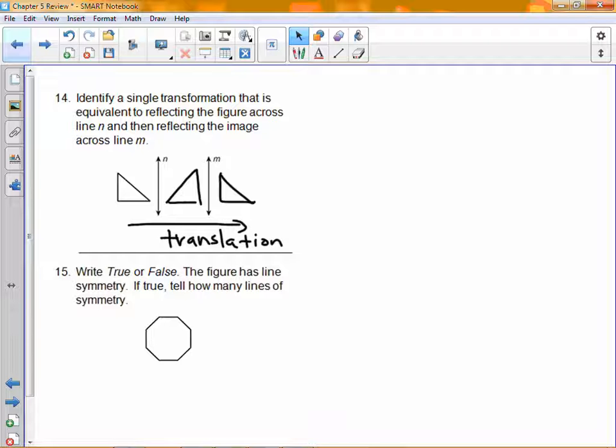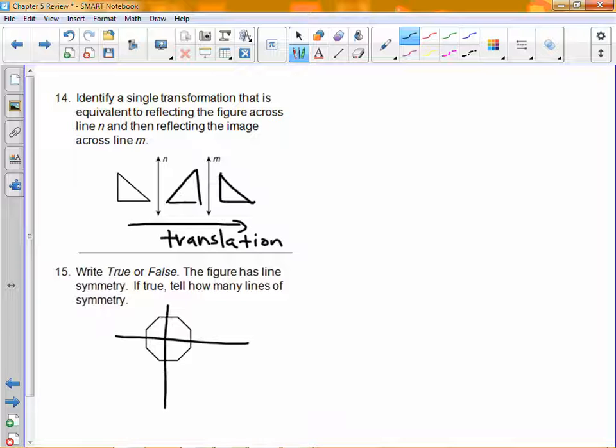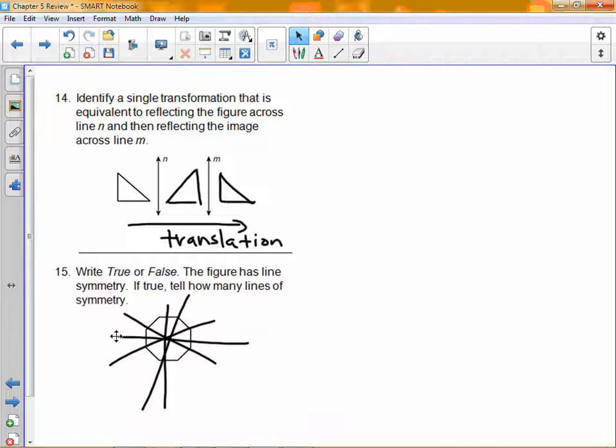All right. Number 15 says true or false, the figure has line symmetry. And that's true because it has a line symmetry. It has a bunch of lines of symmetry. There's horizontal symmetry. Here's vertical. And then each of these diagonals here, I could just keep going down through all those middle points right there.